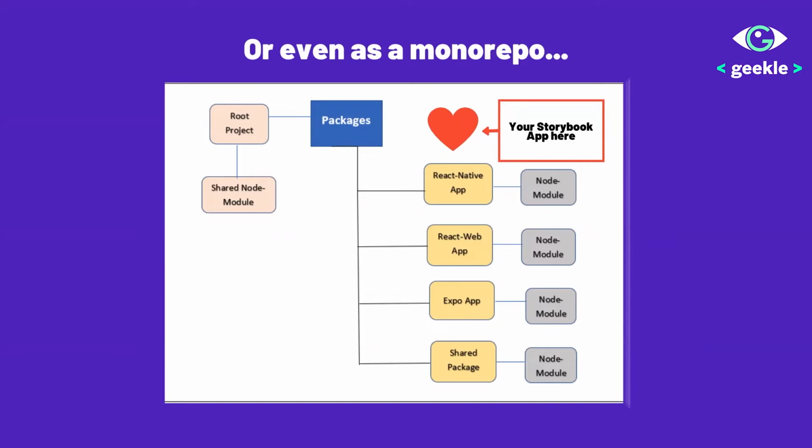This simplifies code sharing between projects and allows you to import code from one package to another. So the Storybook app could simply import the components from the main app, and that way generate your UI library. At RiseUp, we are really thinking about that approach, not only for Storybook, but also to manage our other projects in the future.